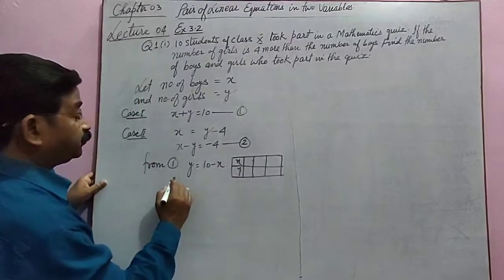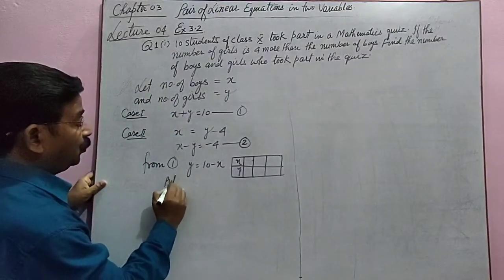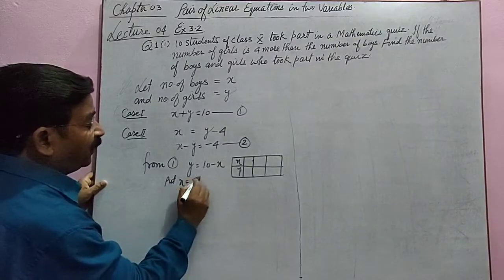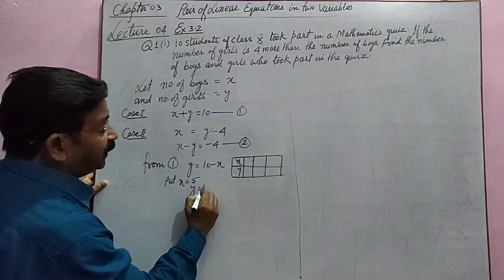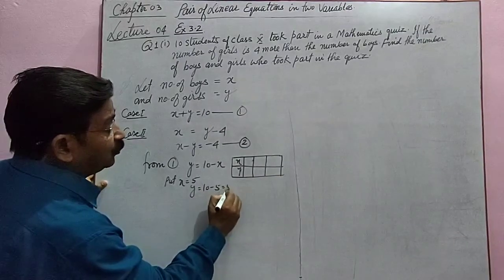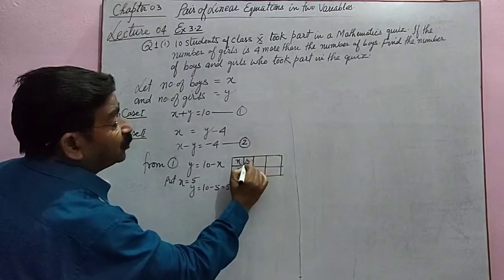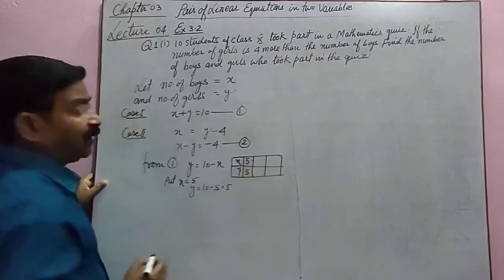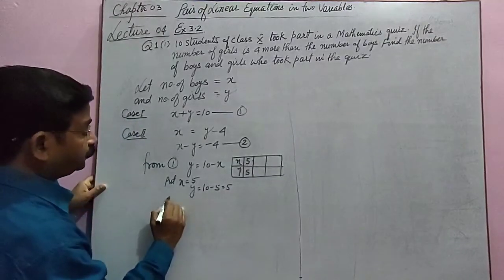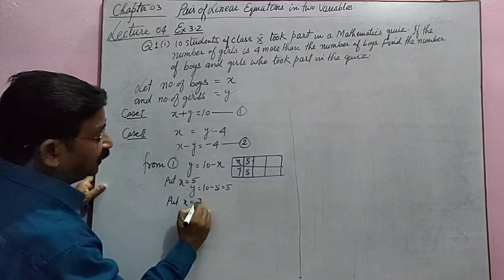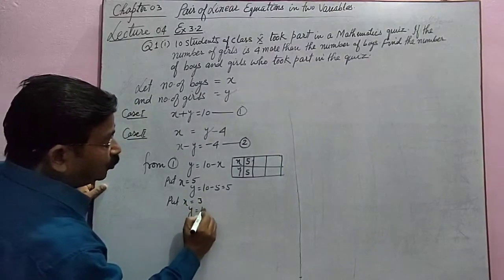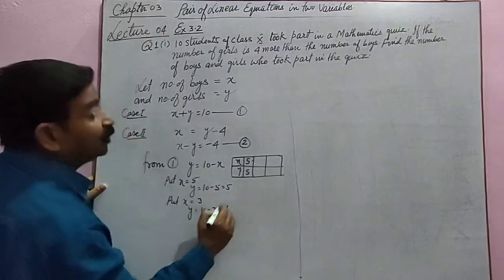I am taking x is equal to 5, then y is equal to 10 minus 5 is equal to 5. Put x is equal to 3, then y is equal to 10 minus 3 is equal to 7.